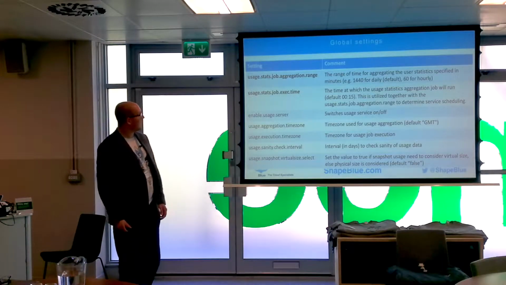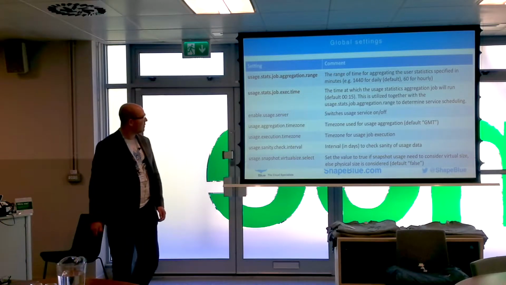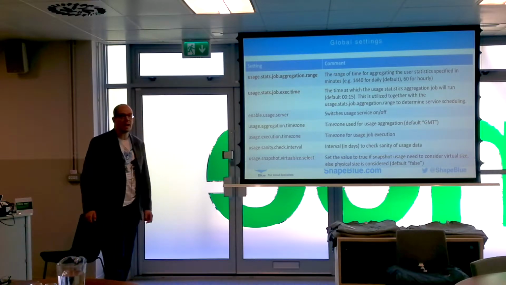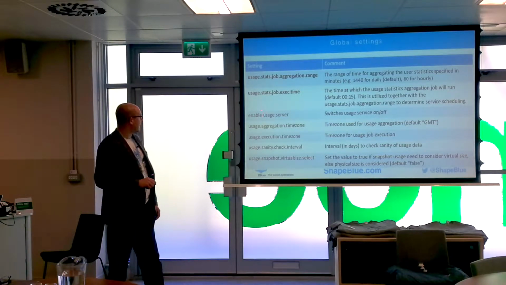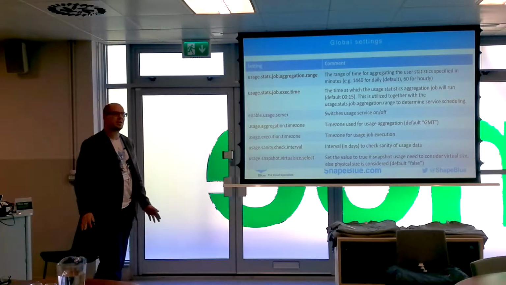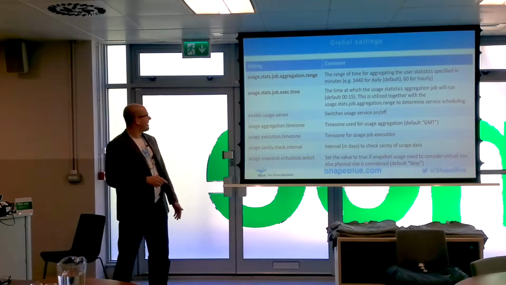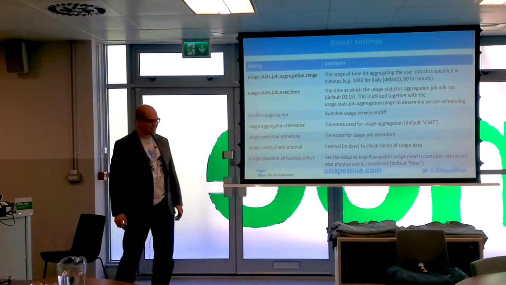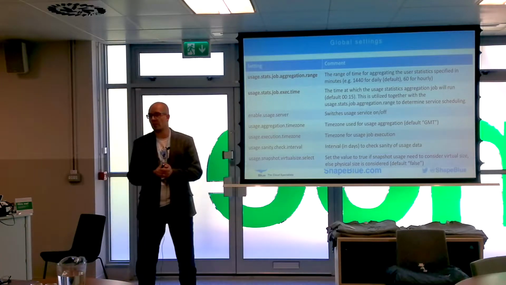Just to touch on some of the global settings that we have. I'm not going to go through all of these in detail here, just the two main ones that have to do with timing and reporting aggregation times. Obviously we have Enable User Service here, which effectively just switches the user service on and off on your system. We have a stats exec time, which sets the initial timing of when the CloudStack User Service runs.